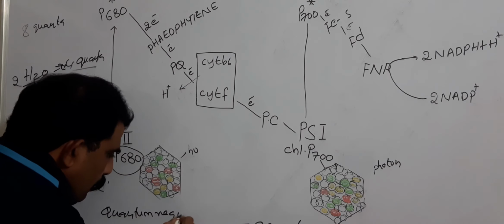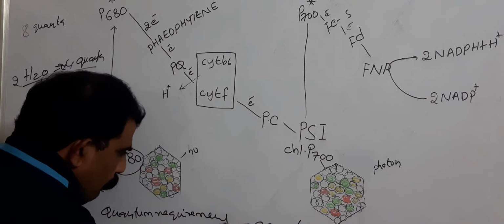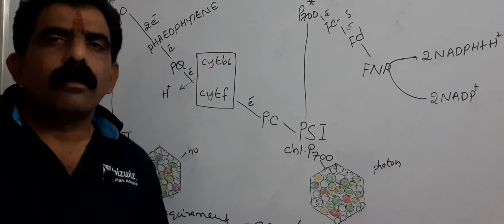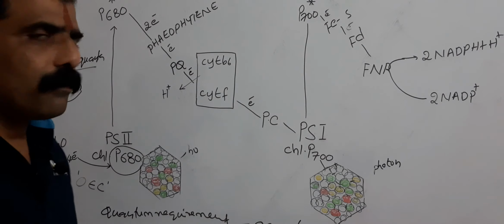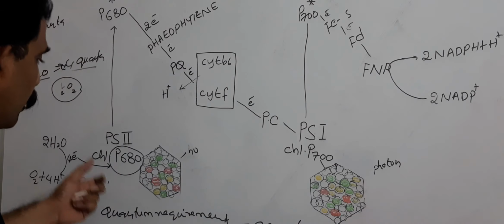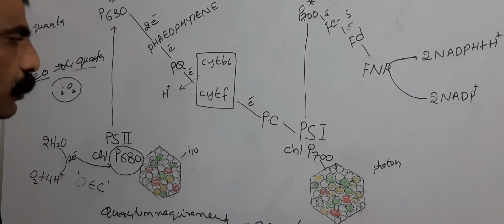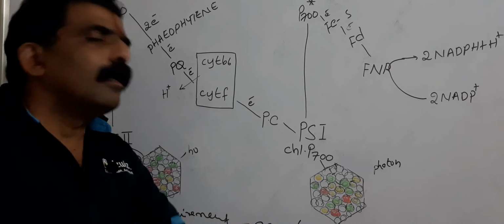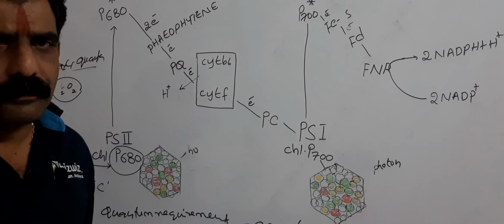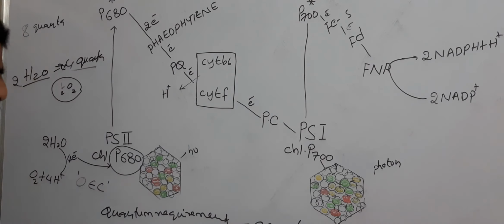Quantum requirement is equal to 8. Of these 8 quanta, 4 quanta are required by the P680 and 4 quanta are required by P700. Here, the amount of light that is required to evolve one oxygen molecule is called quantum requirement.